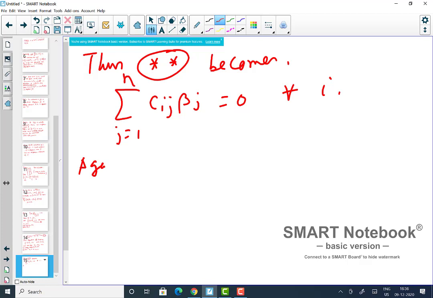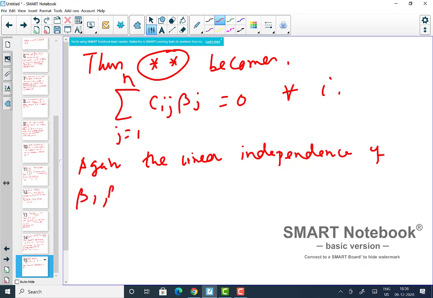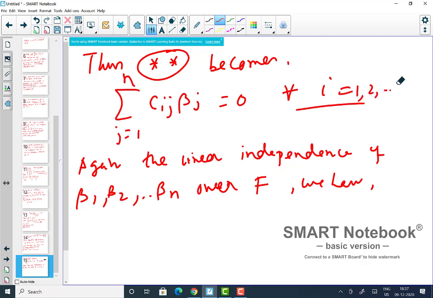Again, by the linear independence of beta 1, beta 2 and beta n over f, we have this for all i, remember, for all i equal to 1 to m.